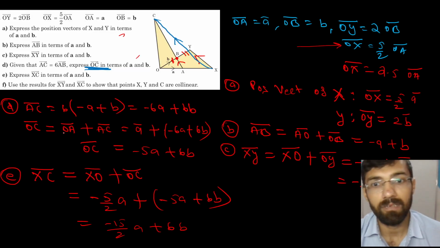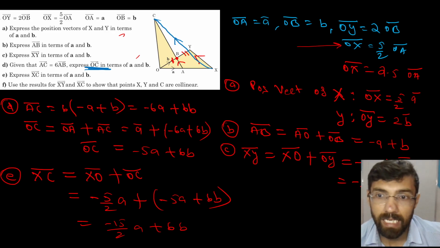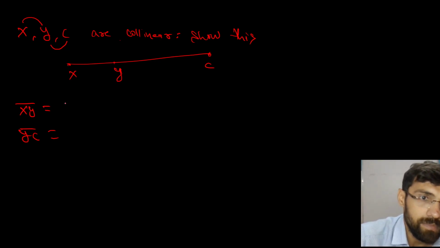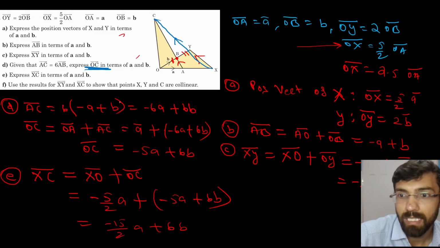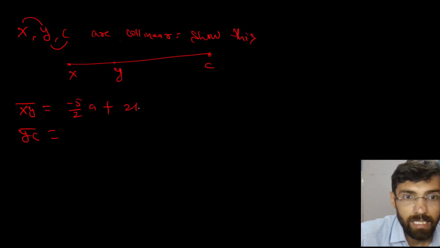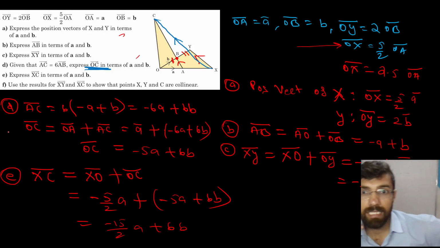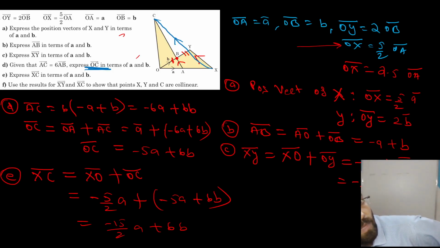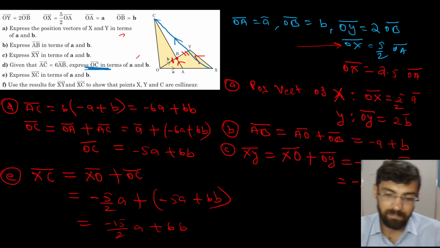The XY vector in part C is minus 5 by 2a plus 2b. And what about YC? Do we have YC? Use the result of XY and XC.